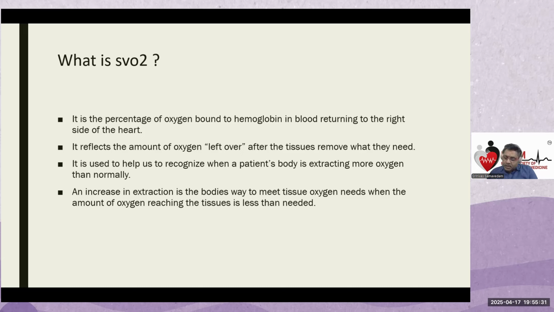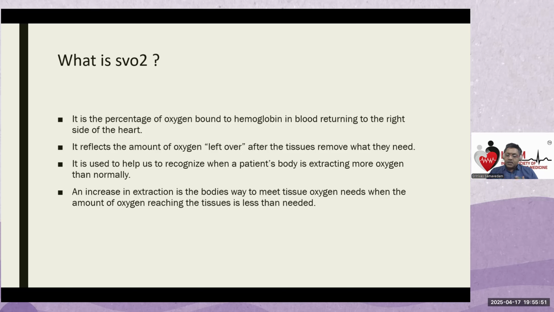So the blood that is coming back to the venous side has about 65 to 70% saturation. So this is the SvO2. So 25% is the delivery that is happening in the peripheries. That means it reflects the amount of oxygen left over after the tissues remove what they need.